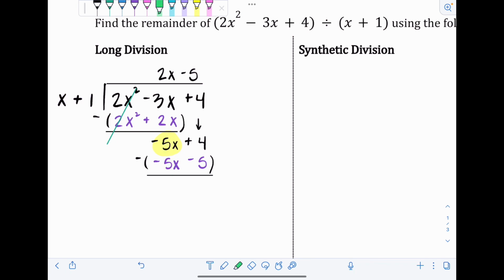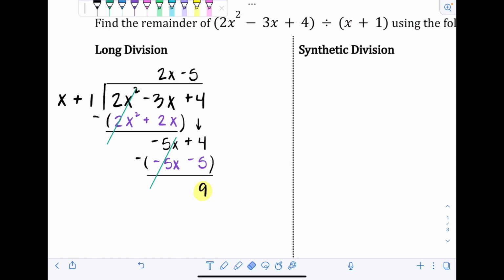Negative 5x minus negative 5x is 0, which cancels out, and that first term should always be exactly what is above it. Then 4 minus negative 5 turns into 4 plus 5, which is 9. There are no other terms to bring down, so that is my remainder.